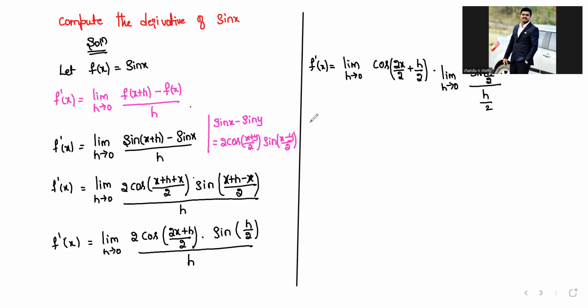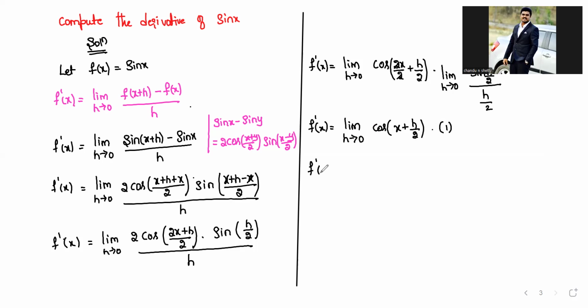Okay. So now f dash of x equals limit h tending to 0, cos of (x plus h by 2), as the 2 cancels. My dear students, according to the sandwich theorem, this one will come out as 1. Clear?